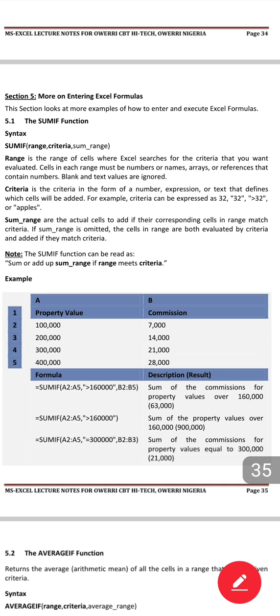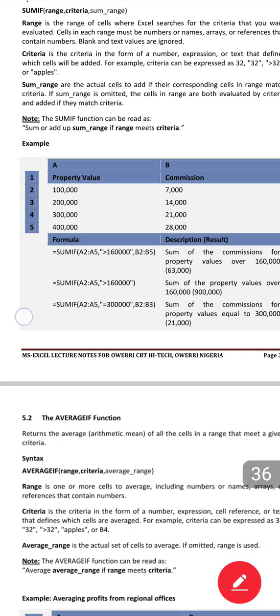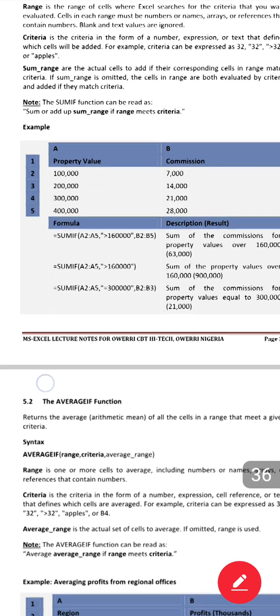Blank and text values are ignored. The criteria is in the form of a number, expression, or text that defines which cells will be added. For example, criteria can be expressed as 32, "32", or ">32", and cells are added if they match the criteria. Note that the SUMIF function can be read as: sum or add up some range if the range meets the criteria.